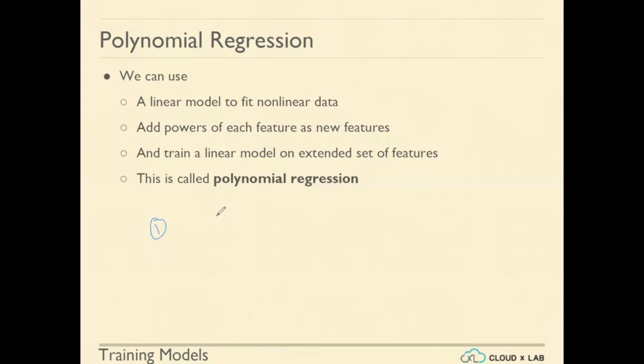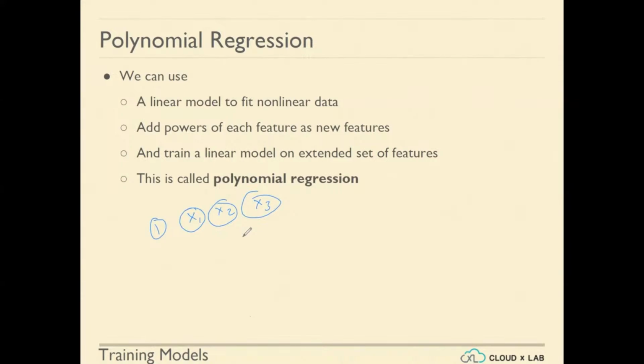So suppose input features are given to you: x1 is a feature, x2 is a feature, x3 is a feature. Originally we only have three features in our input, x1, x2, and x3. Now using these three features, we will create new features, depending upon what type of polynomial we want to use.